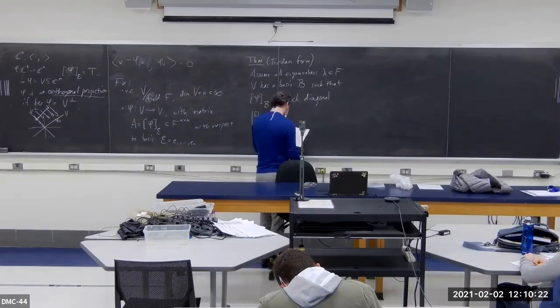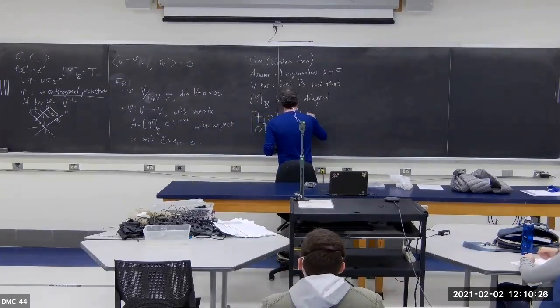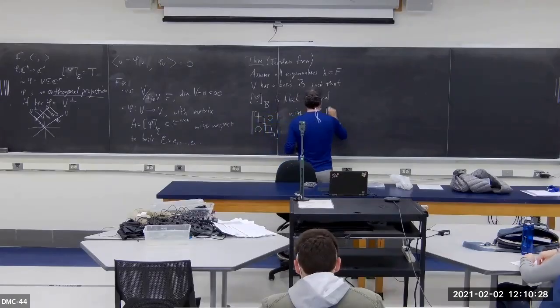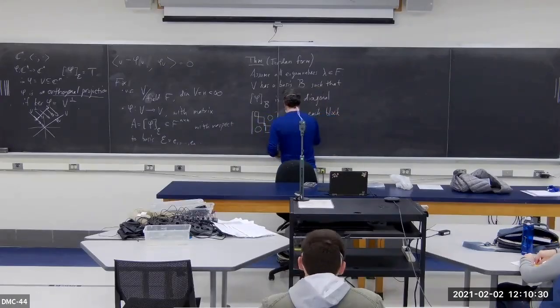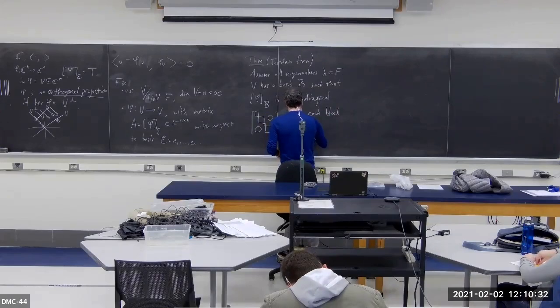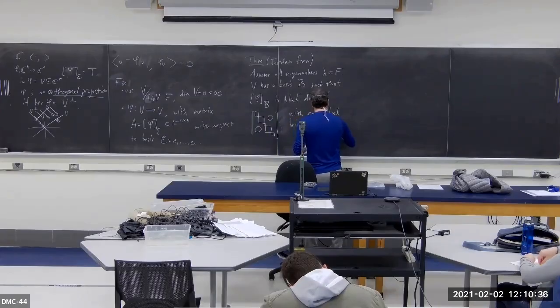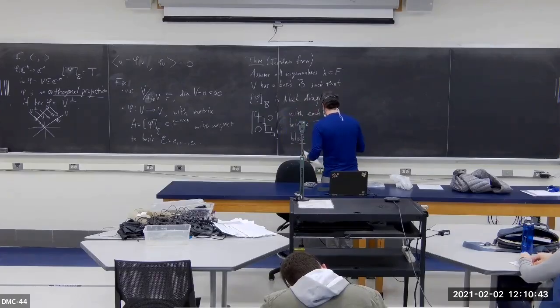It's block diagonal with each block being what's called a Jordan block. And the Jordan blocks look like this.